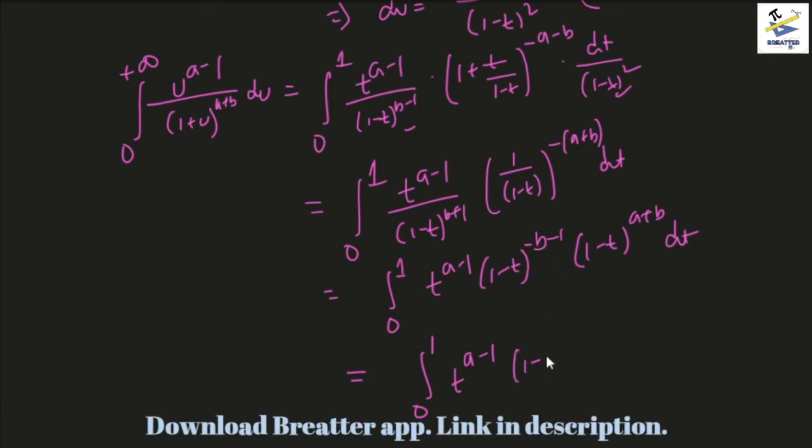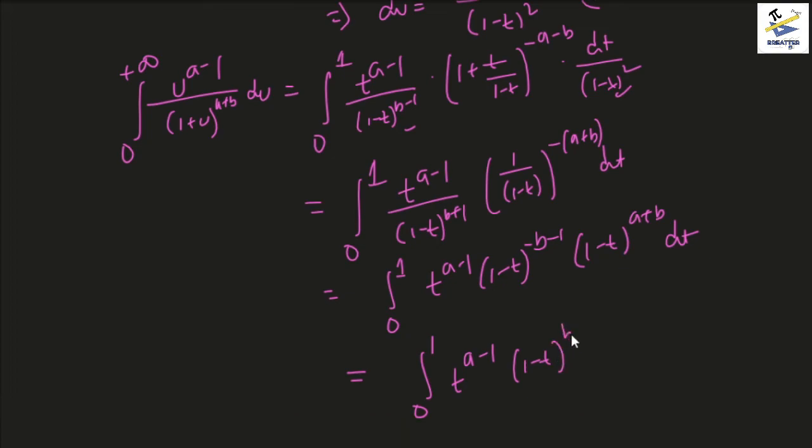You have 1 minus t to the power b minus 1, right? Oh, it was a, sorry, yeah.